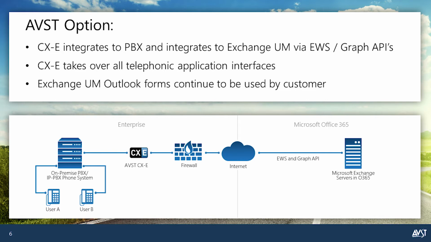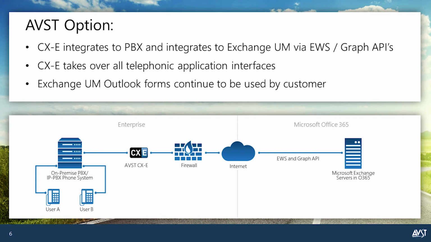So an Exchange customer already has the Outlook forms deployed and installed on their users' desktops, such that those users can utilize the functionality provided by Microsoft. That piece can stay the same, so when they play a message, it's still played via that Microsoft-provided form, but anytime they use the telephone, that's AVST provided.